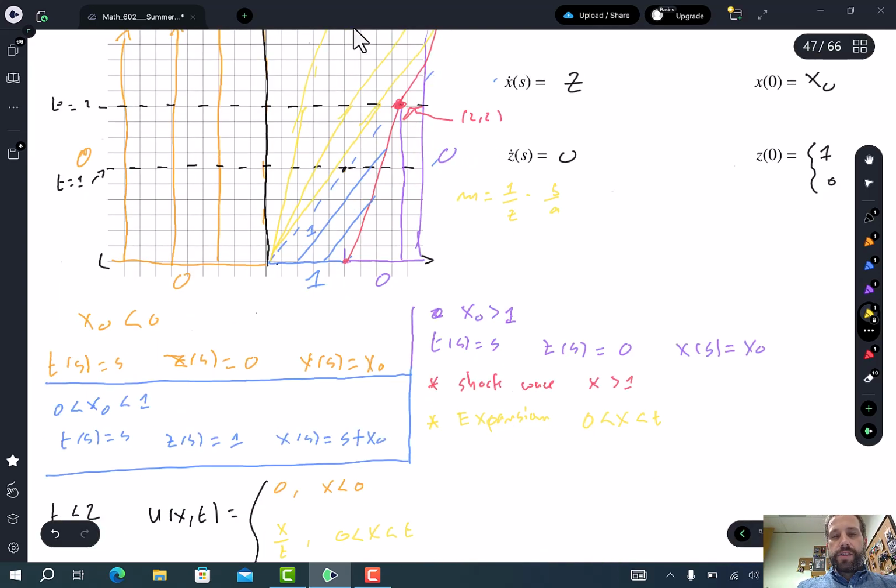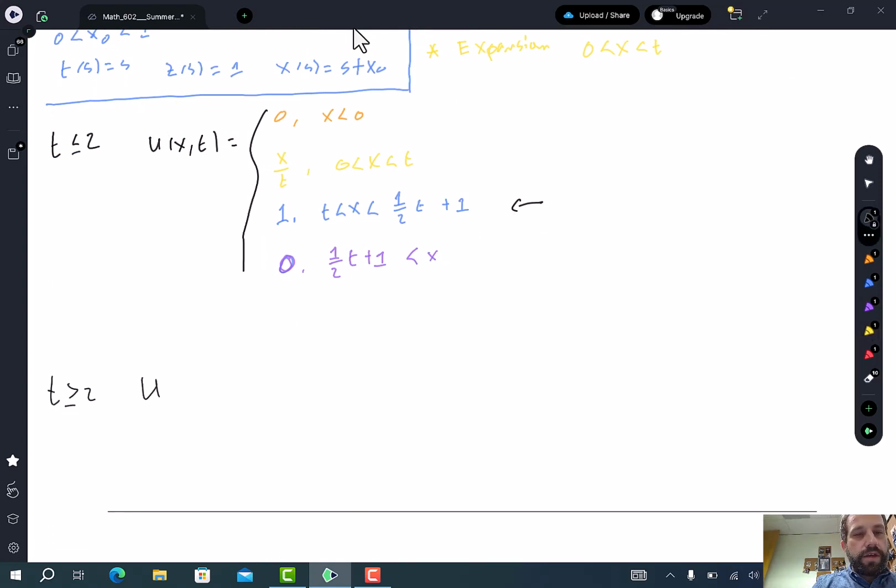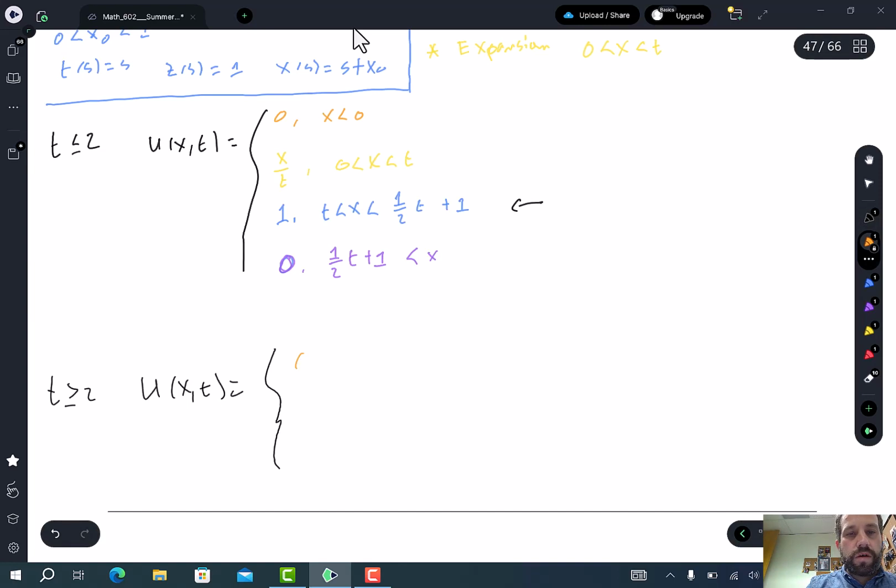Okay, and so now our solution for t greater than or equal to 2, we're going to have u of x, t is going to be equal to the following. It's going to be equal to 0 when x is less than 0.